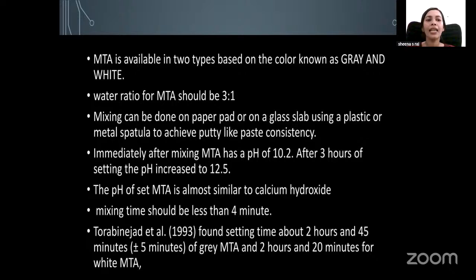MTA is used for apical plug formation, in the repair of fractured teeth, furcal restoration, etc.